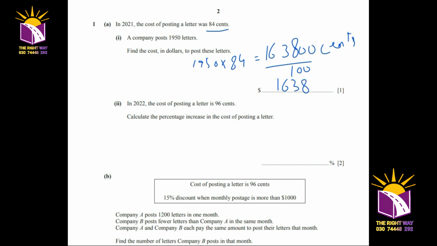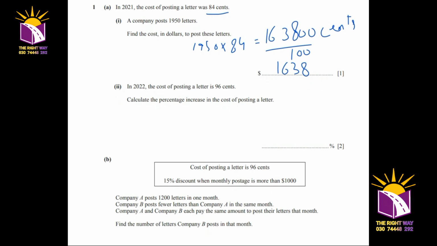In 2022, the cost of posting a letter is 96 cents. Calculate the percentage increase in the cost of posting a letter. So in 2021, the cost is 84 cents, and in 2022 it is 96 cents. 2021 we are going to take as 100%, and in 2022 it will be x.